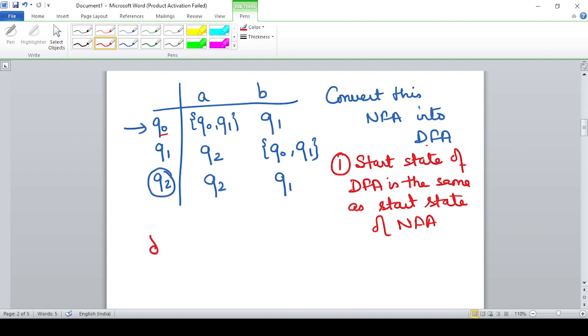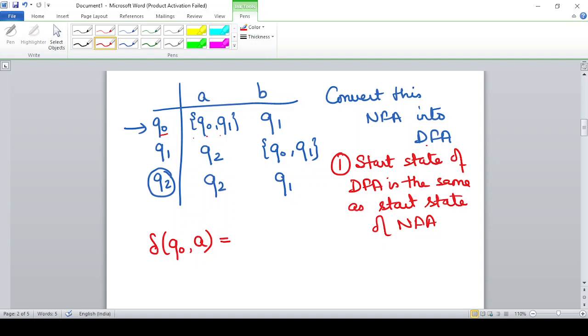So we write down the transitions for this initial state. On Q0, you give A. Where are you going? You are going to state Q0 and state Q1. When you write something in square brackets, it means the set of those states.